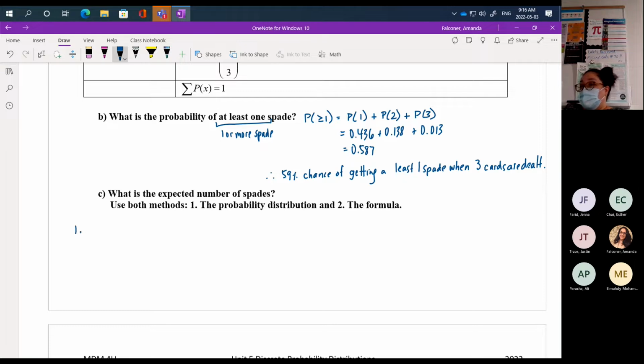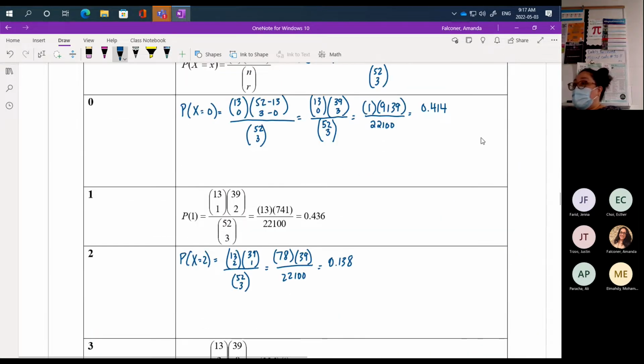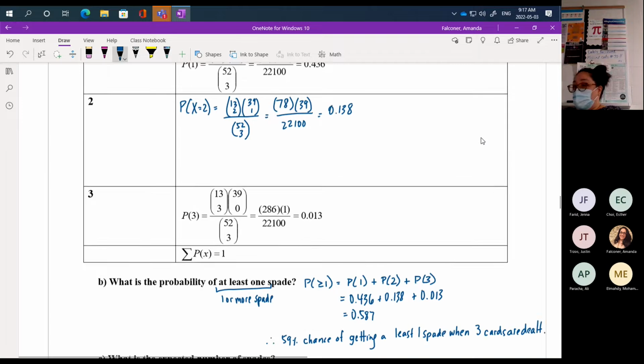So if we wanted to use the probability distribution, this is going back to our first lesson, expected value being really the summation of all of the outcomes multiplied by their probabilities. So it would look like the option of getting 0 spades multiplied by its probability. So I'm going to go back up here and grab 0.414.